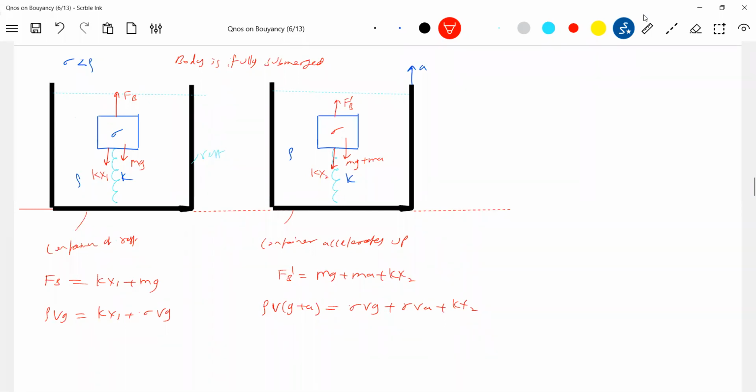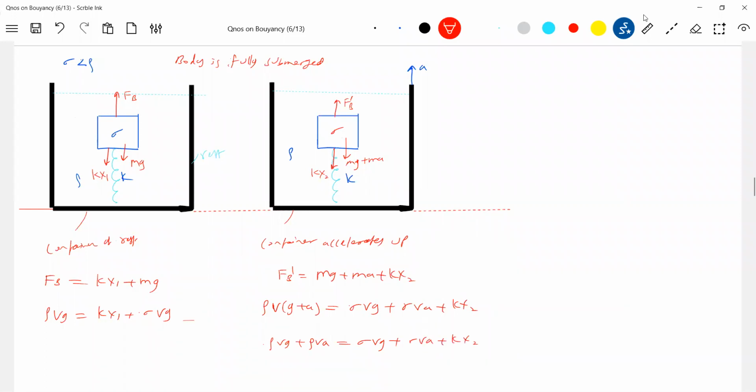I'm just interested in x1 and x2; I wanted to compare x1 and x2, that's all. So this will be rho Vg equal to sigma Vg plus sigma Va plus kx2.